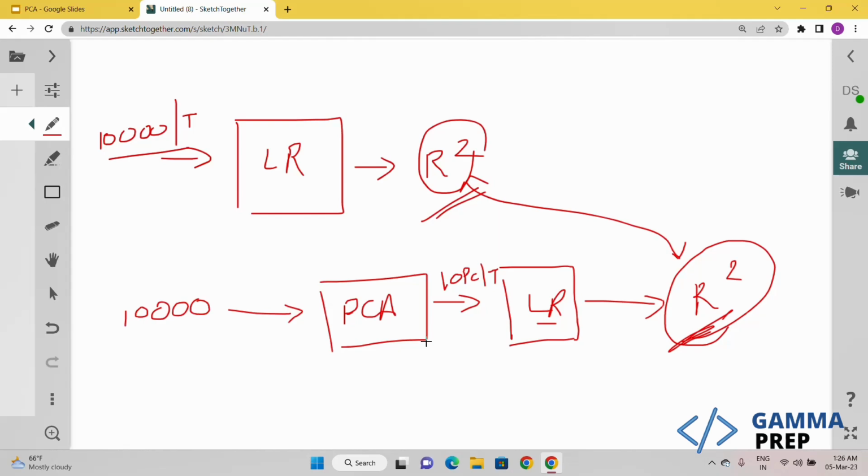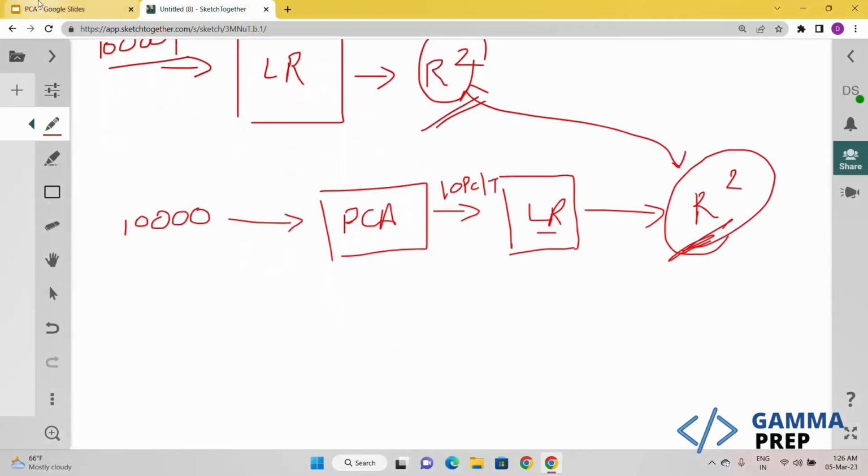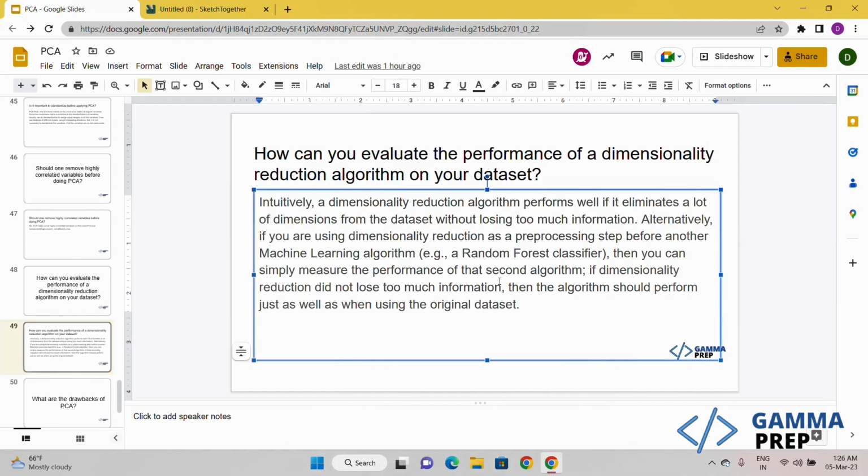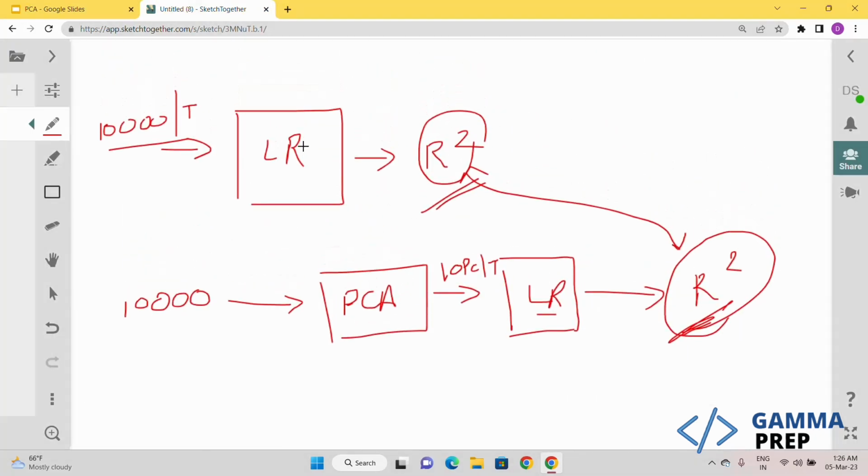Okay, so yeah, this is the answer for it. If dimensionality reduction did not lose too much information, then the algorithm should perform just as well as on your original data set. So if you are doing linear regression, you figure out the R square with the 10,000 features, and then you figure out the R square with the 10 principal components.